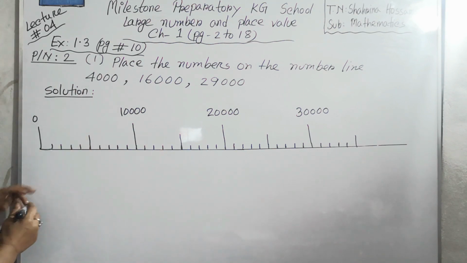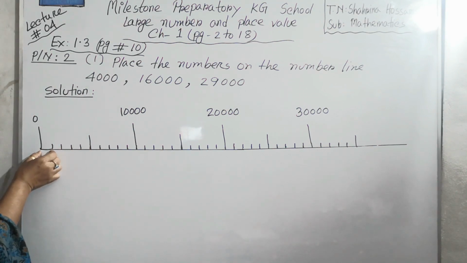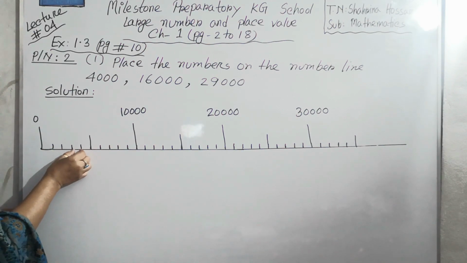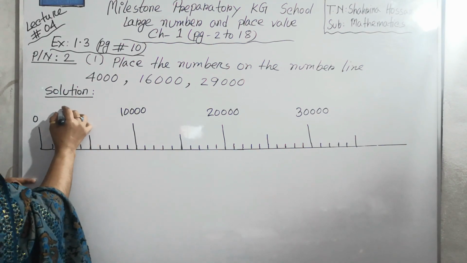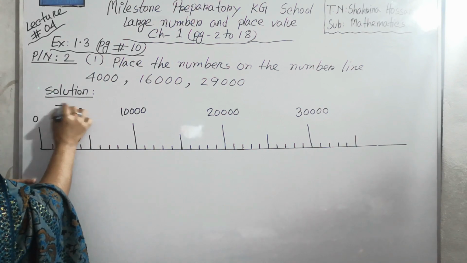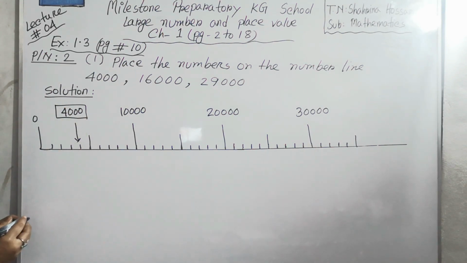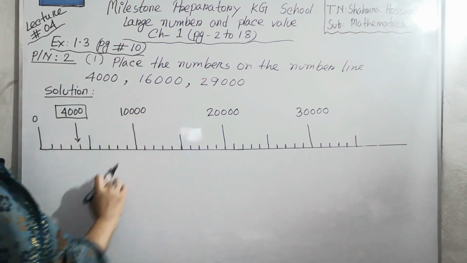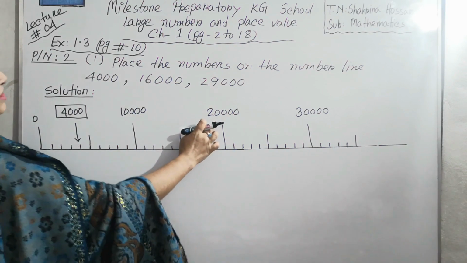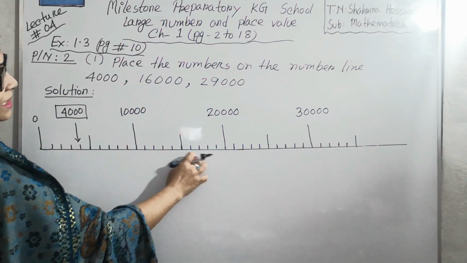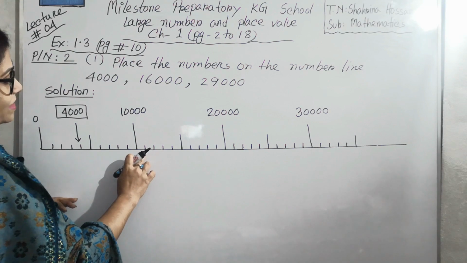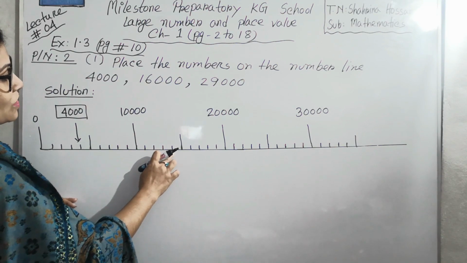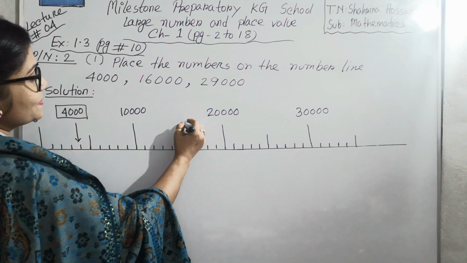4,000, where do we get the number? If I mention that the gap is 1,000, so 1,000, 2,000, 3,000, 4,000, right? That means this one is 4,000. Now let's come to 16,000. This is 10,000, 20,000. That means the middle of the gap is 16,000. 10,000, 11,000, 12,000, 13, 14, 15, then 16.